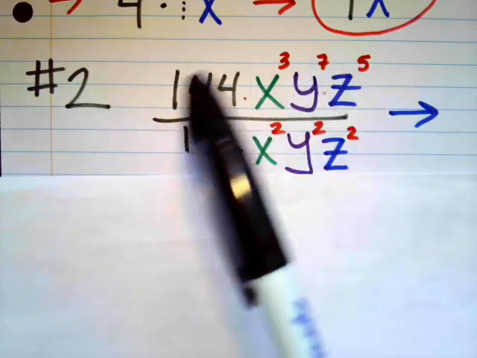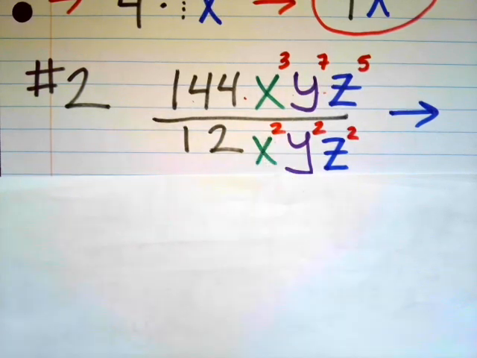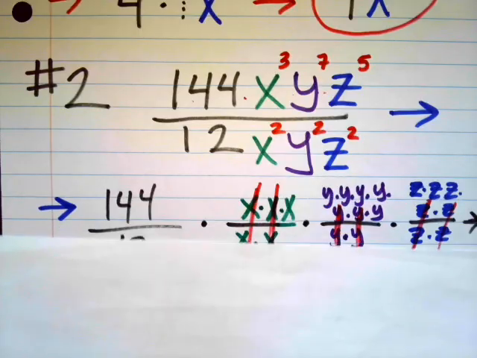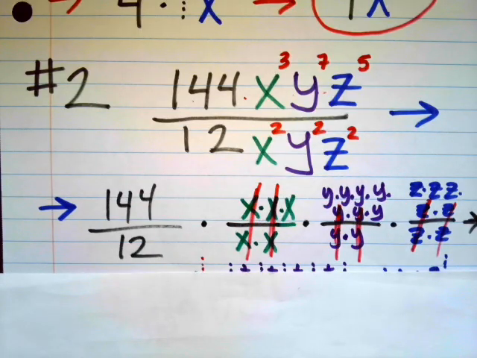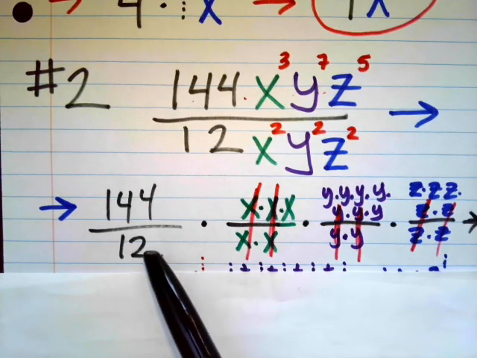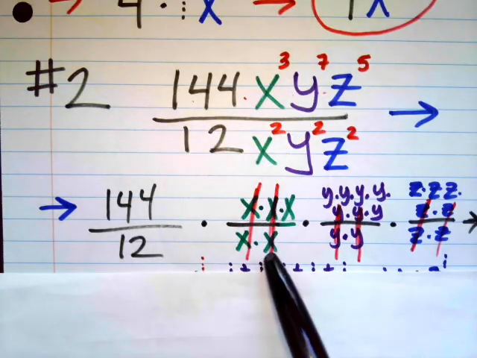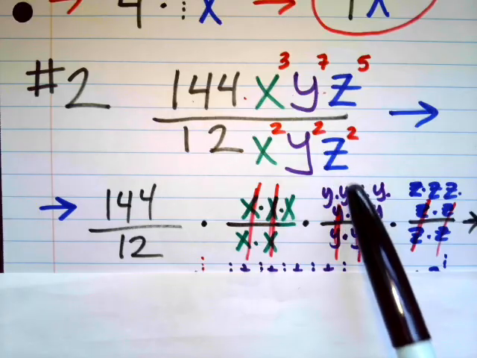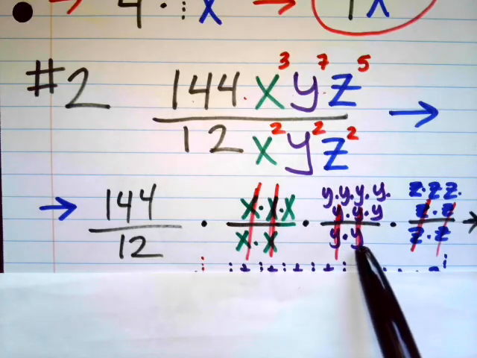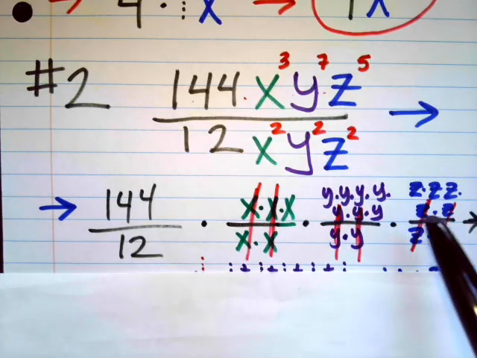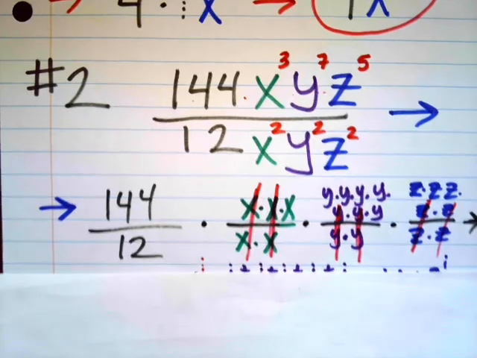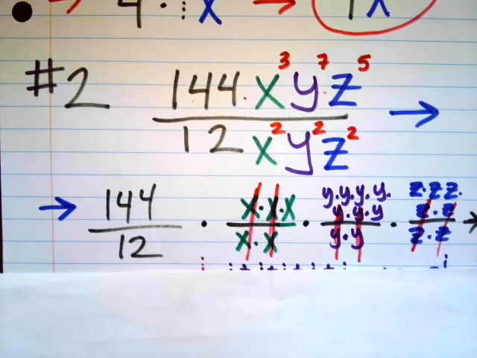Now I'm going to simplify this by writing this out in expanded form. 144 divided by 12 times, I have 3 x's on top, 2 x's on the bottom, times, I have 7 y's on the top, 2 y's on the bottom, times 5 z's on the top, 2 z's on the bottom.